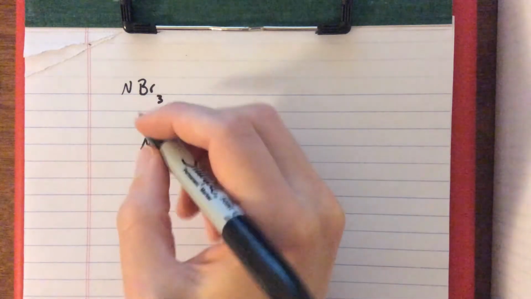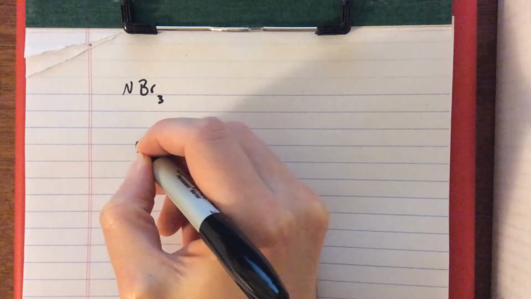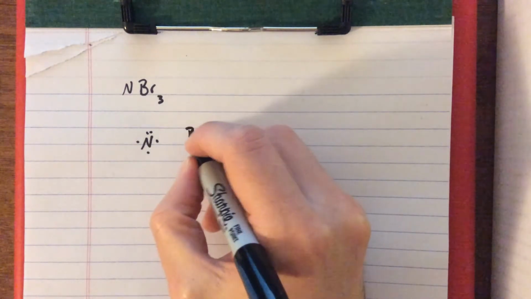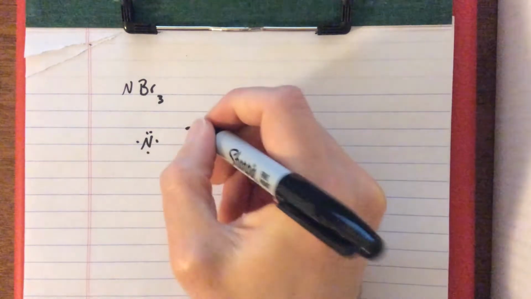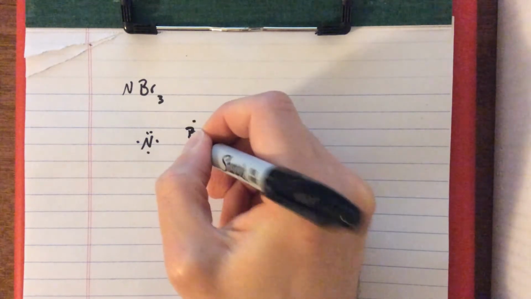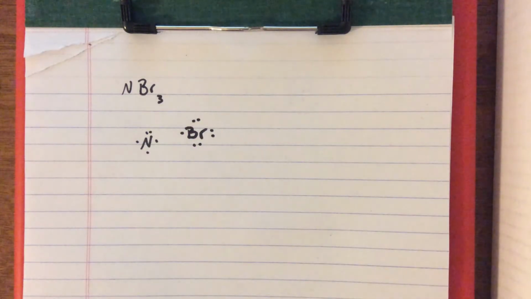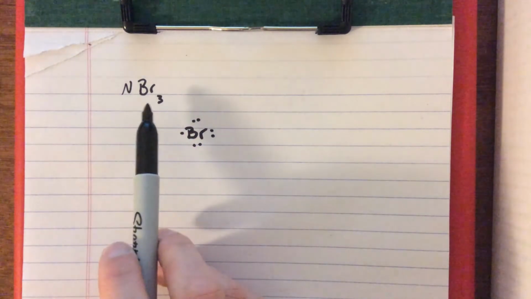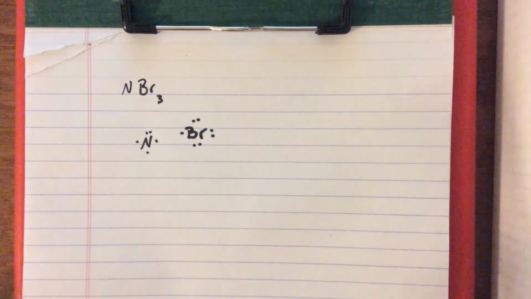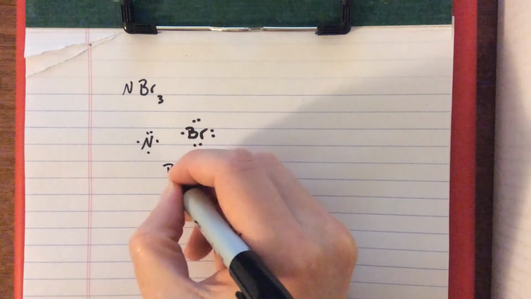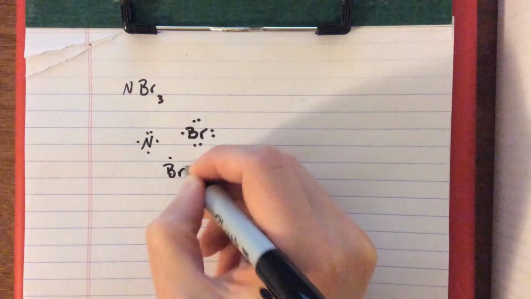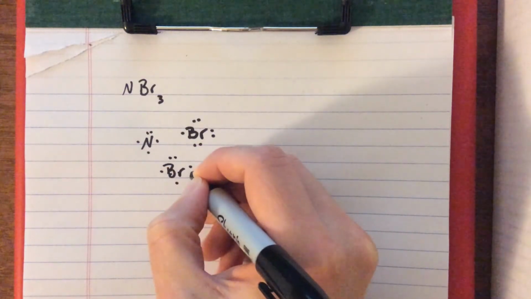So we would start by drawing the neutral atom of nitrogen with its 5 valence electrons. We would also draw the neutral bromine. Bromine is in family 7A, so we're going to need to put 1, 2, 3, 4, 5, 6, 7 valence electrons. Since we were given the formula here, we know that we're going to need 3 copies of bromine, so we'll go ahead and draw that out.